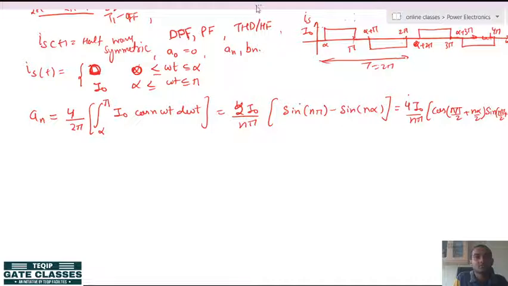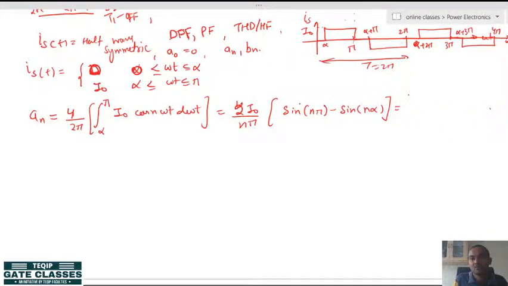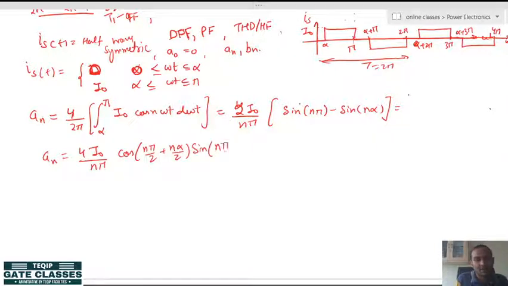Sorry, it is not that. Let me write in the next line. So, this A n will be 4 I naught upon n pi, 2 cos A plus B by 2, cos n pi by 2 plus n alpha by 2, sin A minus B by 2, means sin n pi by 2 minus n alpha by 2. Okay. So, that is for all n.